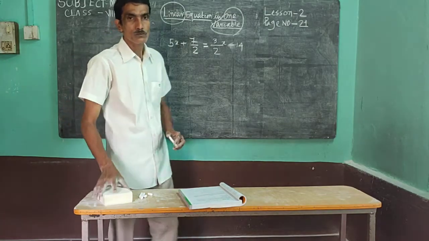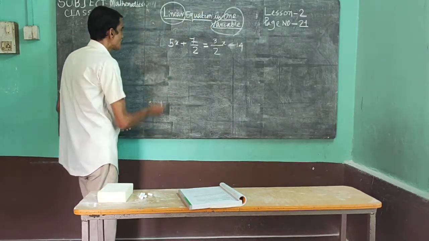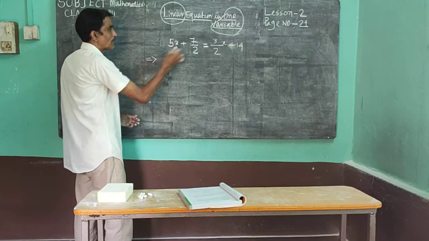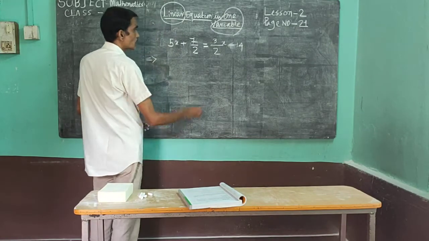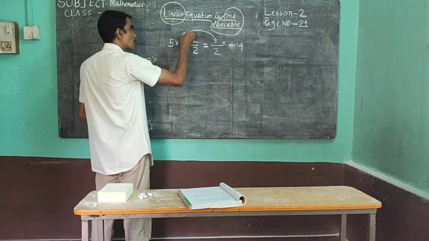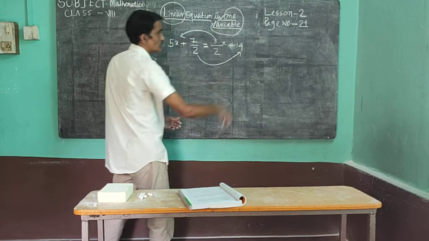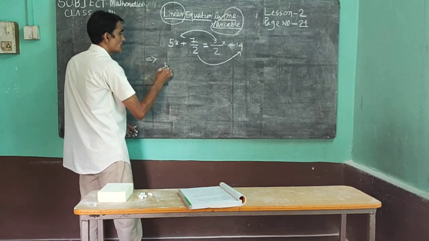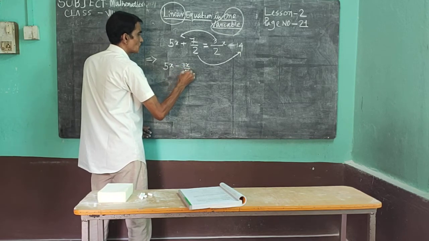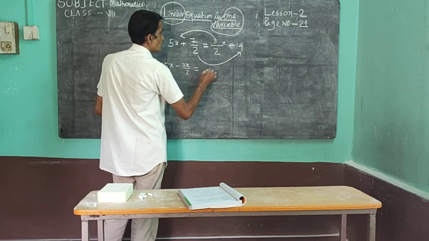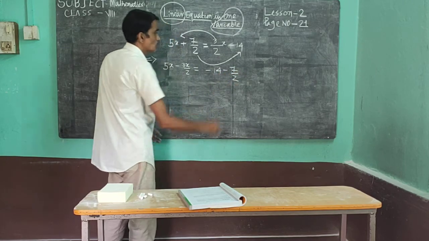How to solve? We will apply the method of transposition. I am just separating variables with variables and other numbers with other numbers. Double transposing means this number I am bringing to this side and that number I am taking to that side. So what is my answer here? 5x minus 3x upon 2 is equal to minus 14 minus 7 upon 2.